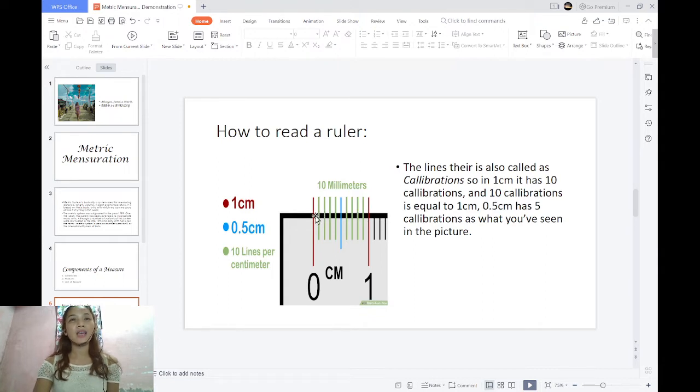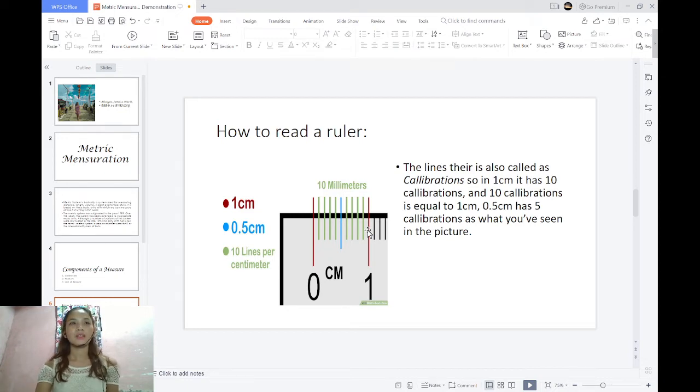Simply because in every 1 centimeter, there are 10 calibrations, and those are called millimeters. We must count from here up to here to determine how many calibrations have been used in the size of an eraser, for example.